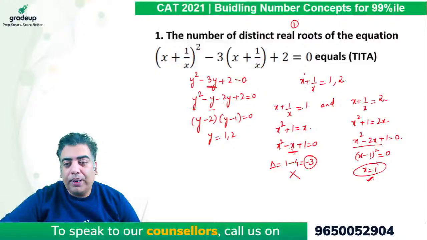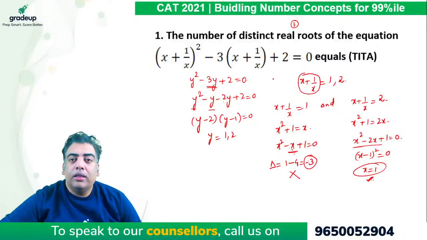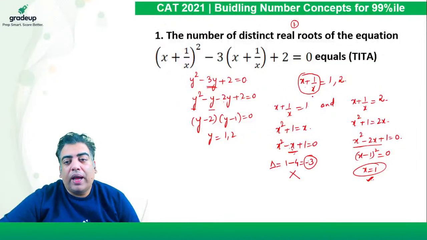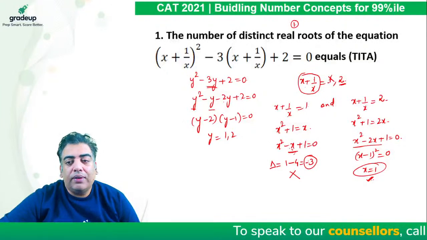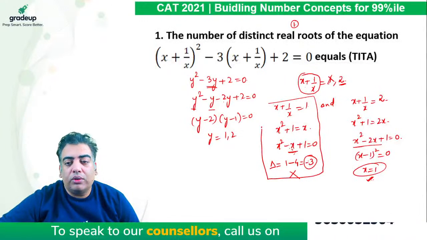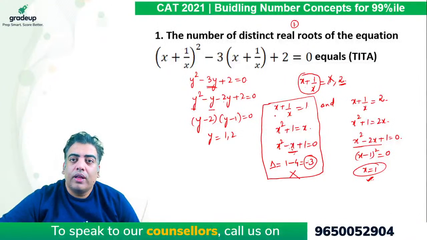If you know a bit about x plus 1 upon x, when x is positive, the minimum value of x plus 1 upon x is 2, which means 1 can never be its value. So technically speaking, we were not required to solve the equation like this. And if x plus 1 upon x is 2, there is only and only one solution.